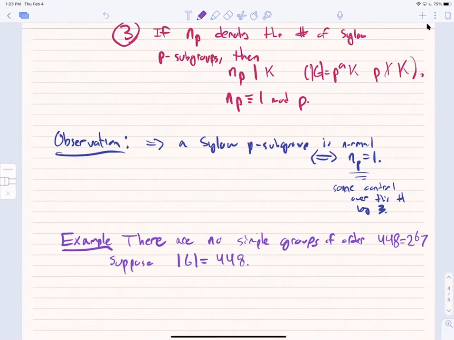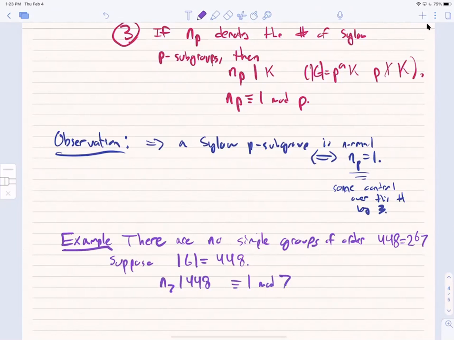Okay, for this kind of problem, when you have the factorization, you first compute the possibilities for n_p. So let's do them out. n_7 divides 448, and it's congruent to 1 mod 7.